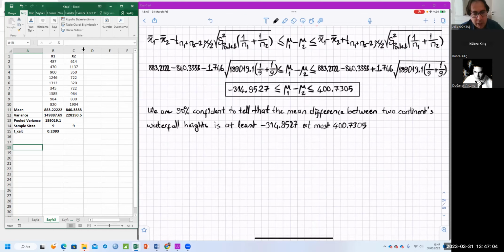That's the interpretation of the confidence interval in this exercise.